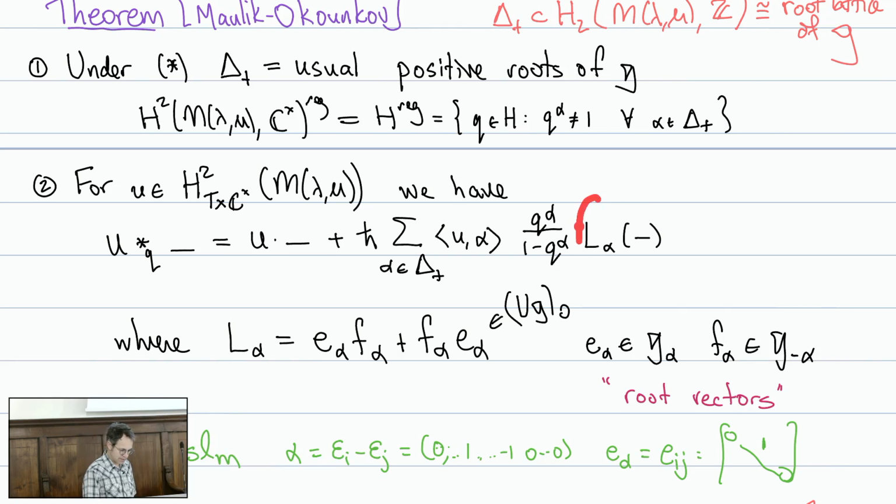There's always this slightly mysterious thing, this Steinberg operator, that from the general framework we don't know what it is. It's sort of a thing to be calculated. And the theorem of Maulik-Okounkov identifies it with the action of this very natural element of UG, E_alpha F_alpha plus F_alpha E_alpha, where E_alpha and F_alpha are the usual root vectors of G. And here was an example for SL_n of what those root vectors mean.